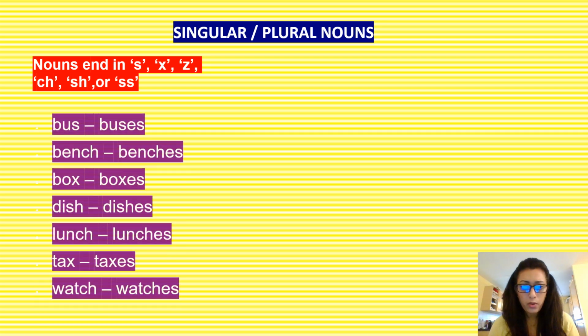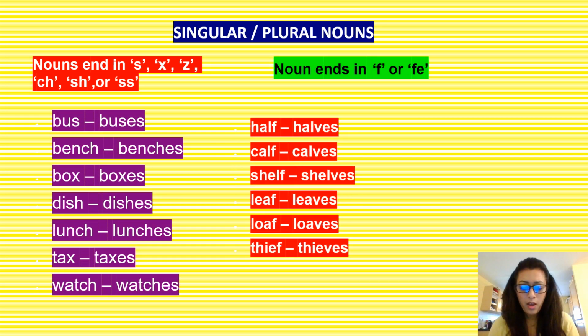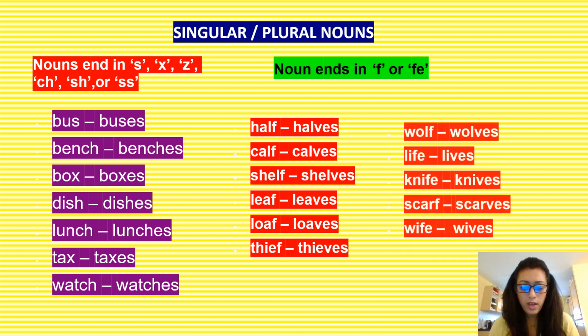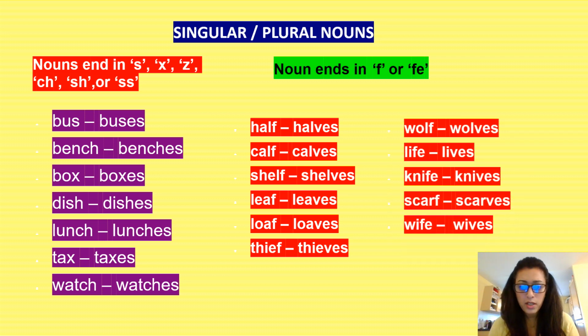Now the plural of some nouns that end in f or fe is made by changing the ending to ves. So half becomes halves, so f is changed to ves.